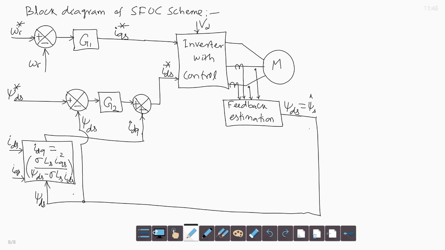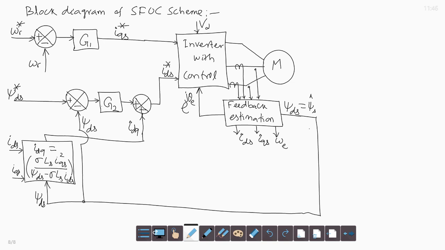And also this feedback estimation block generates the unit vector e to the power j theta e for vector orientation with the stator flux. It also estimates IDS and IQS, and the frequency omega e. These are the estimations from the feedback estimation block.